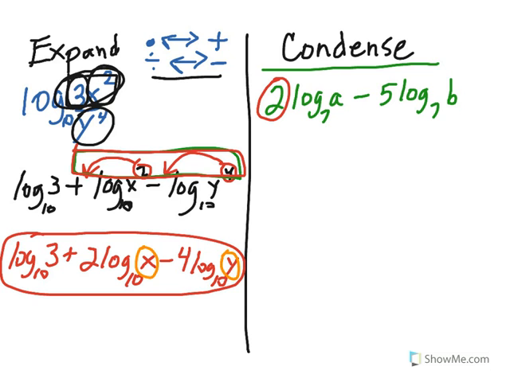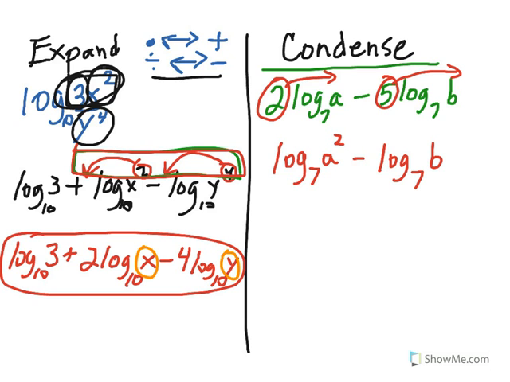These numbers right here really represent exponents. So I'm going to move them out here back as exponents. So I'm going to write log base 7 of a squared minus log base 7 of b to the 5th. And now the key is to look right here.